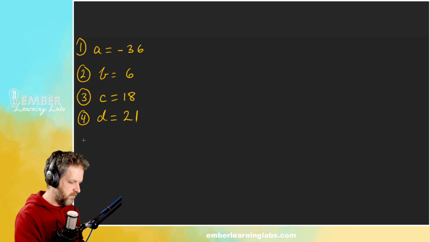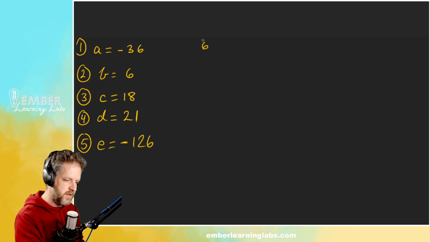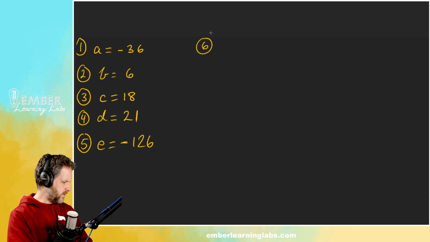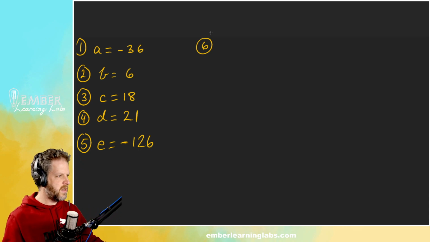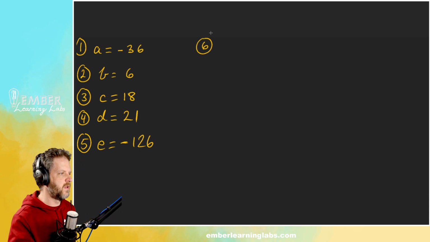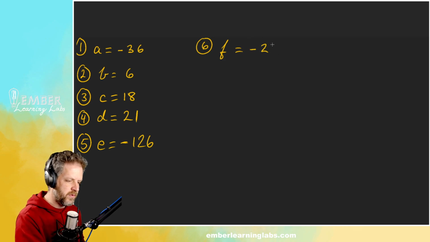Alrighty. Let's see. 5 equals negative 126. And 6 is... Let's see. F equals negative 24.